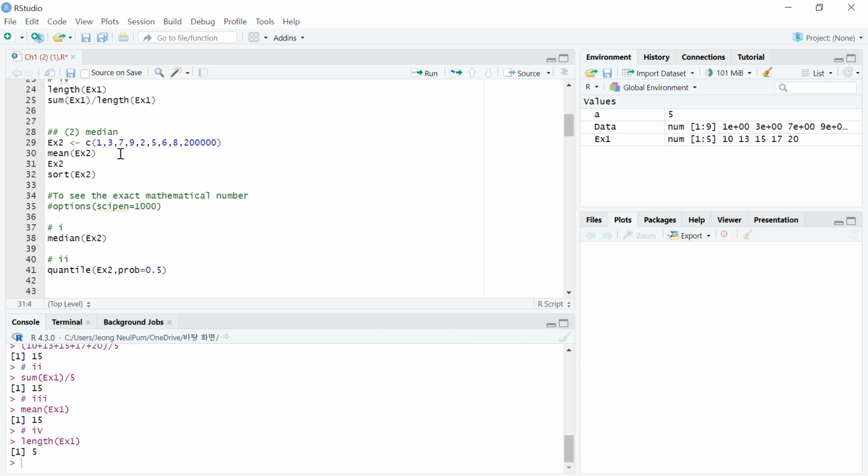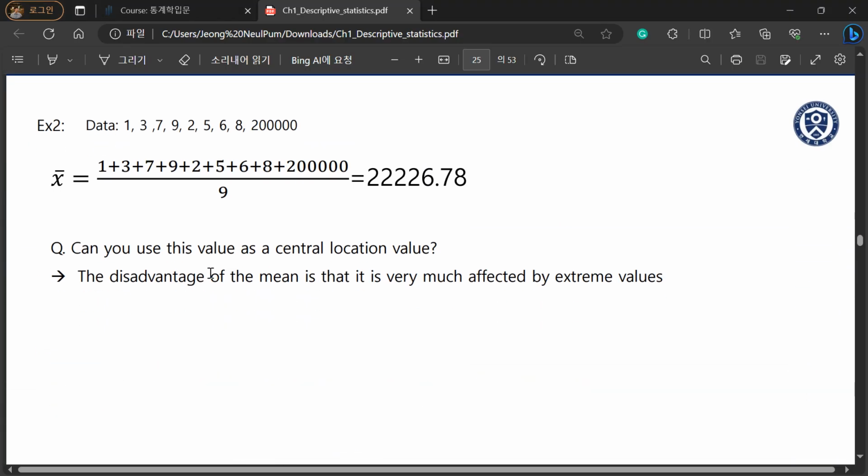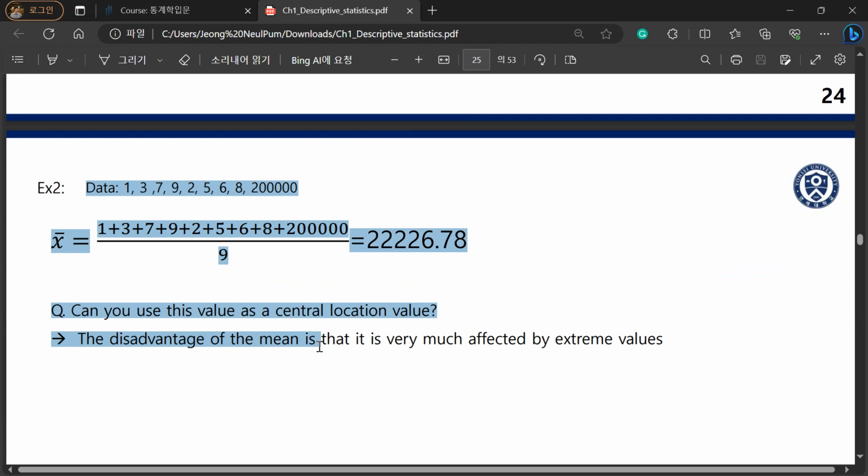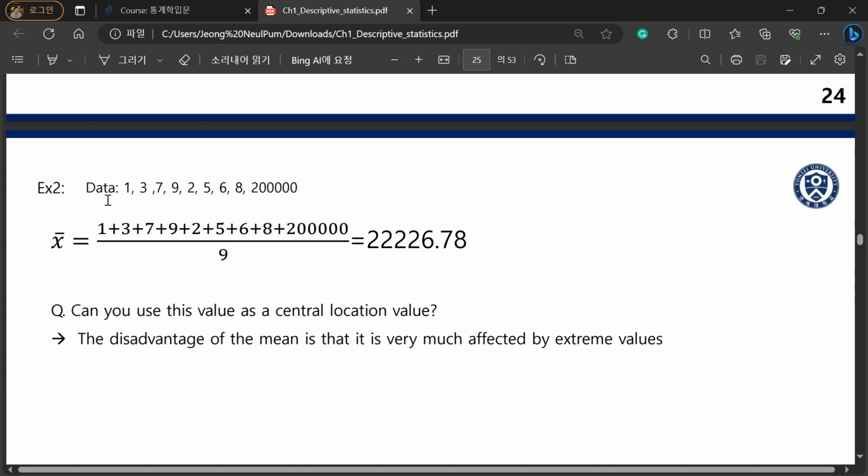And there is also the median. The median can give us the center location as well as the mean value, and it is usually not affected by outliers, which are very large or very small numbers.